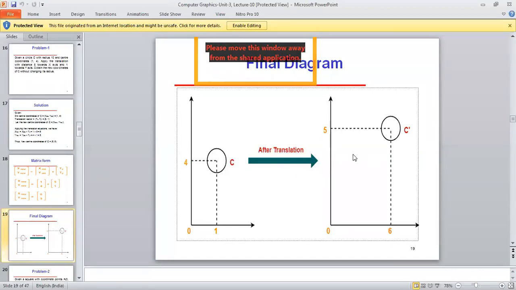You can apply this everywhere. You can use the similar formula for the translation. This is nothing but a transformation, meaning you are going to move one object or one image from one point to another point. So this is called the translation transformation.